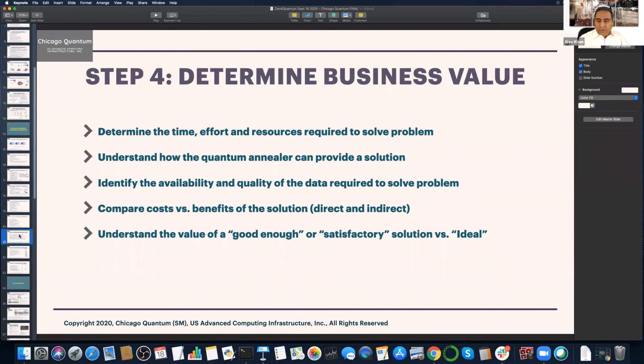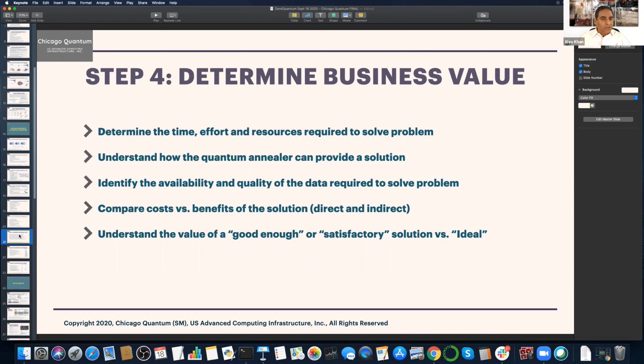So now we get into the topic of, what value are you getting? What is the value of solving this through quantum? What is the value of converting this to a QUBO, which, as I've hopefully given the message, uses up resources just to get to the QUBO, and the QUBO itself is a bottleneck.